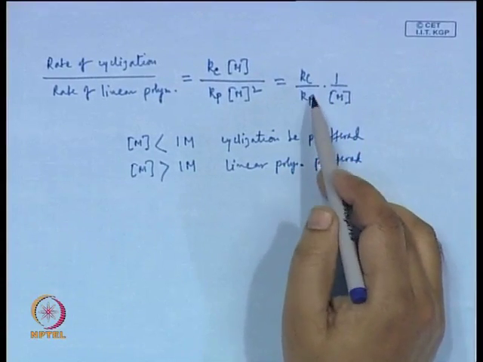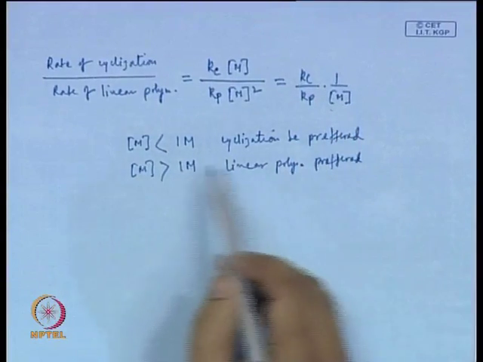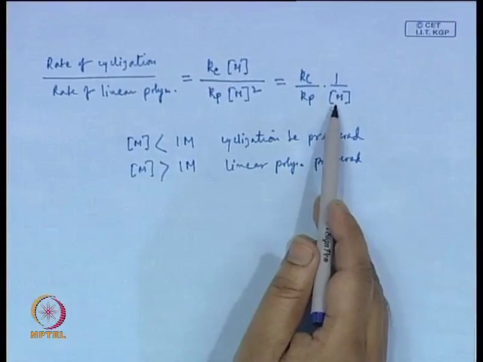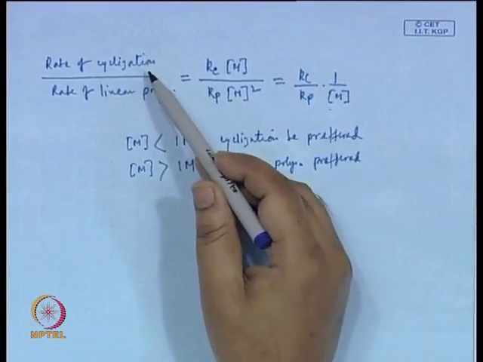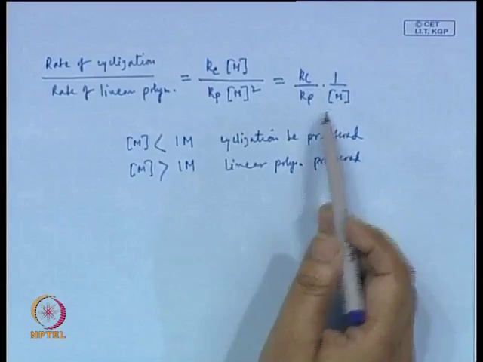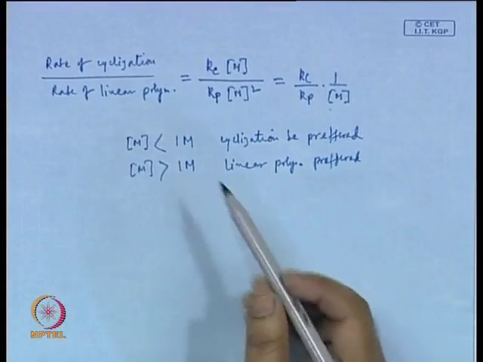From the concentration of the monomer you can find out that if it is below 1, then the rate of cyclization will be higher, and if it is above 1, this will be a fraction. So, the rate of linear polymerization will be higher.